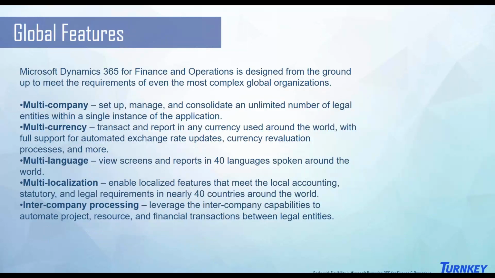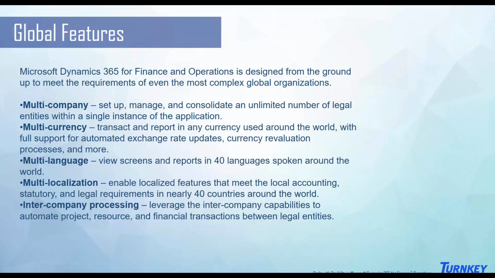So the global features are great for finance and operations, because many people in a market have more than one company, and they need to have intercompany set up, right? They have to have the intercompany general ledger transactions that happen, as well as having several companies. That means you have several customer lists and vendor lists to maintain.